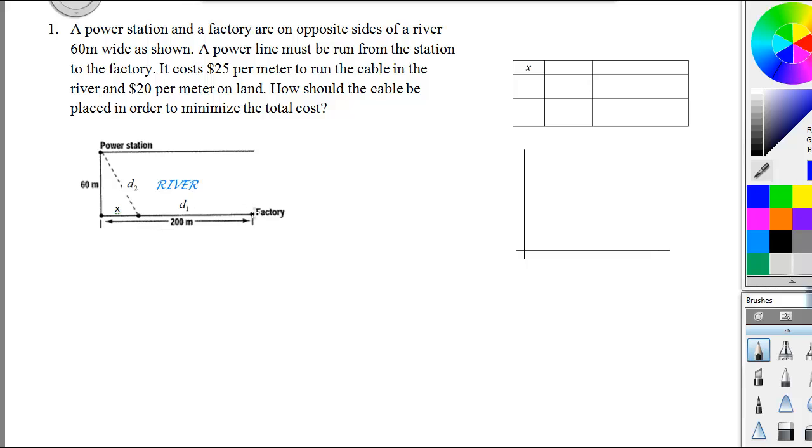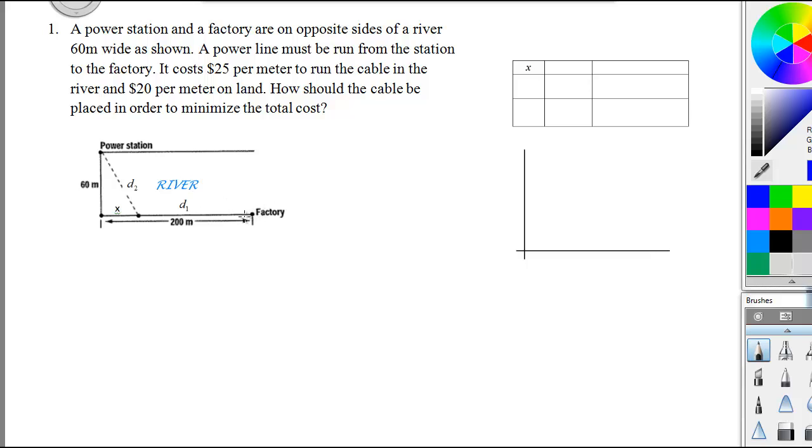So the question is to find this distance x such that you should turn off and head toward the power station. If you just go straight from the factory to the power station, that's the shortest distance, but it also costs the most money for every meter of that distance because all of it would be under the river.